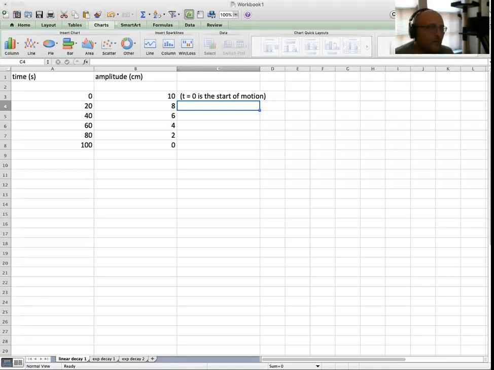Okay, so here we are. This is an example of what I would call a linear decay. In this case, I'm picturing amplitude. You see in my graph, it says amplitude in centimeters.